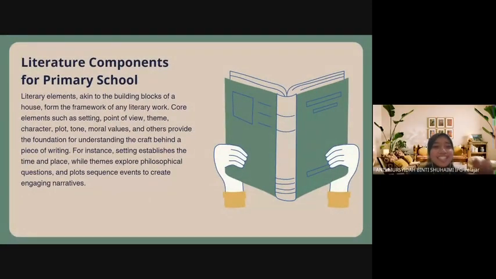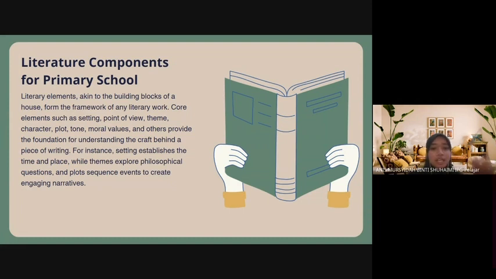So, literature components for primary school. Literary elements, akin to the building blocks of a house, form the framework of any literary work. Core elements such as setting, theme, character, plot, and others provide the foundation of understanding the craft behind a piece of writing.